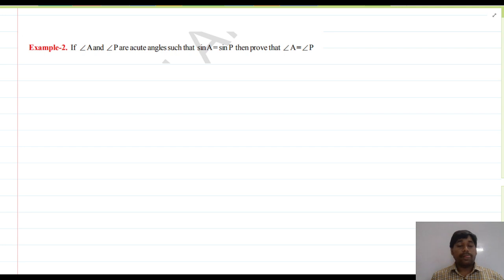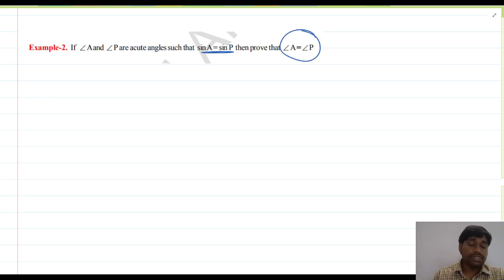Next question. Example 2. If A and P are acute angles such that sin A is equal to sin P, prove that angle A and P are equal. So if two trigonometric ratios are equal, that is, sin A equals sin P for two triangles, then their angles are also equal.